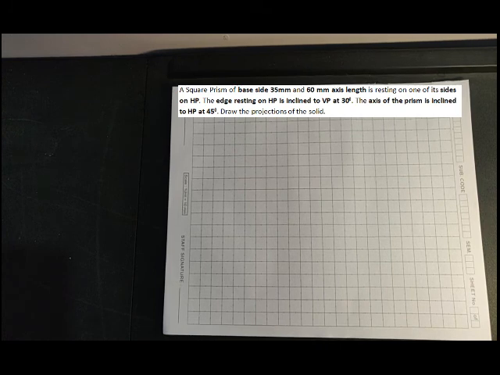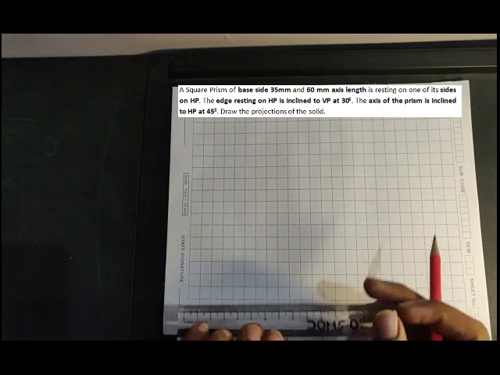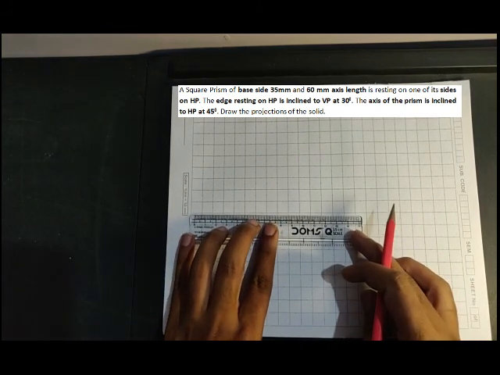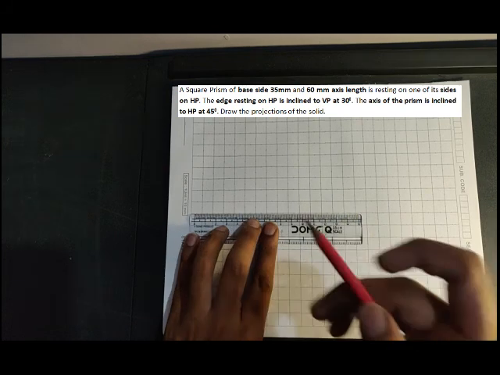First, I'll always start the square prism with the top view. So I'm going to draw an XY line.